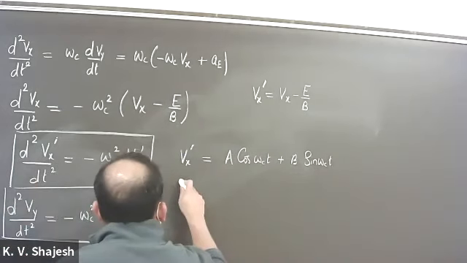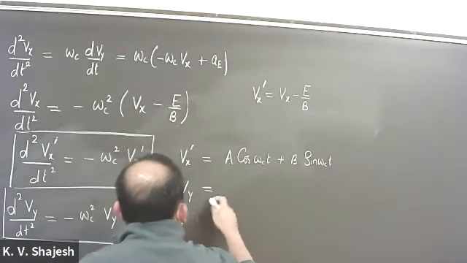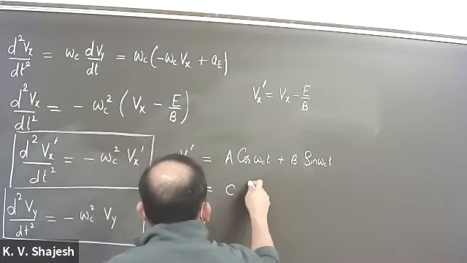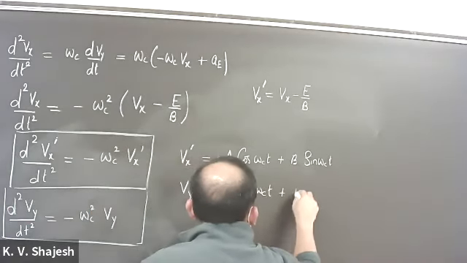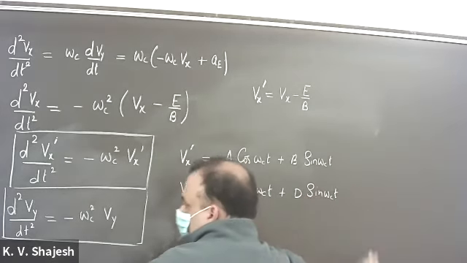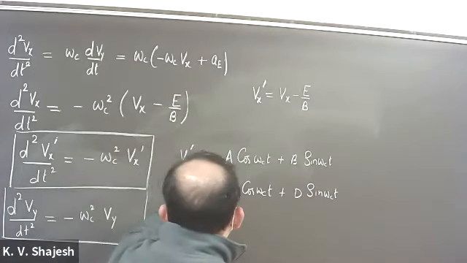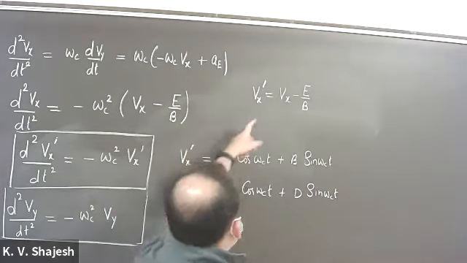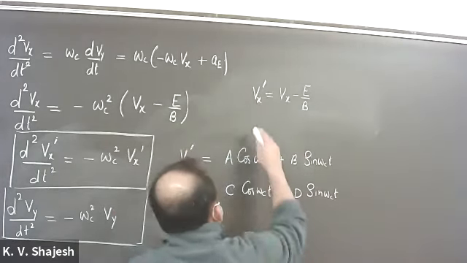And Vy is an independent equation that's equal to C times cosine omega c t plus D times sine omega c t. But if I take the differentiation of the first one, it doesn't matter whether it is Vx or Vy because the derivative is the same.